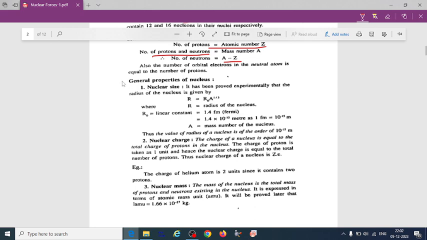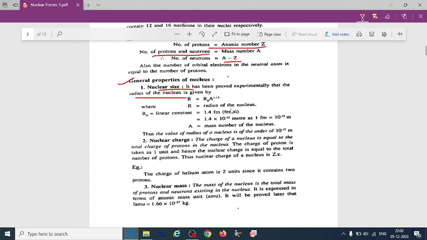Some general properties of the nucleus we have to discuss here. First one, nuclear size. It has been proved experimentally that the radius of the nucleus is given by R is equal to R naught into A to the power 1 by 3.